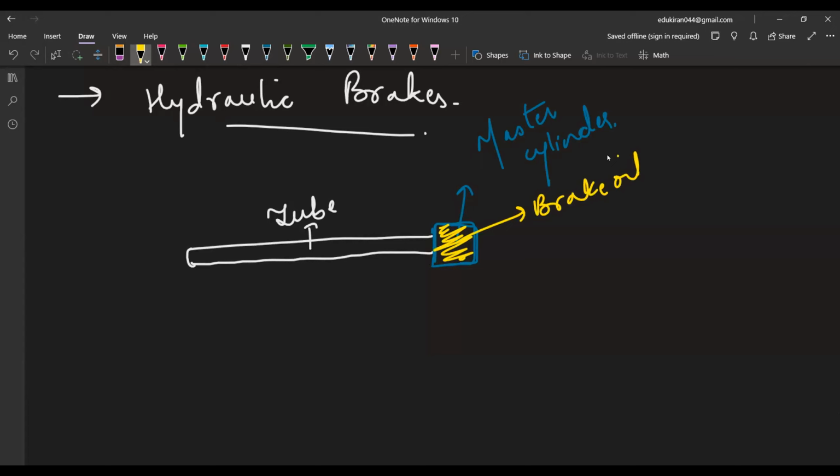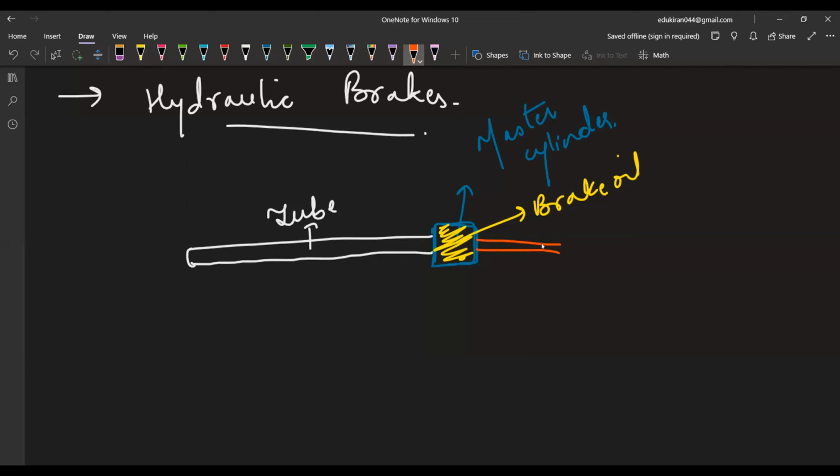Now further, one end of this tube is connected to the master cylinder, that is fine. But in order to utilize it, it is placed with the help of a piston. Piston, you understand?